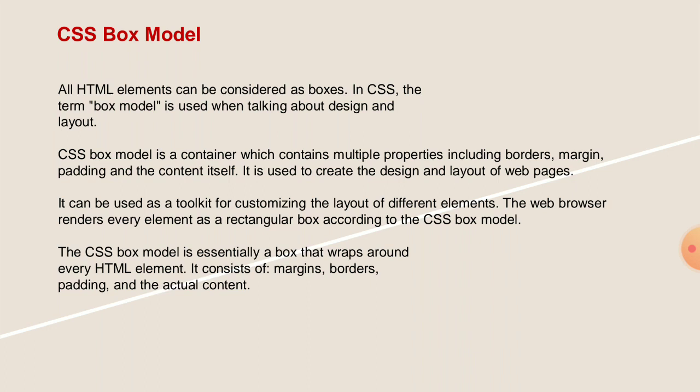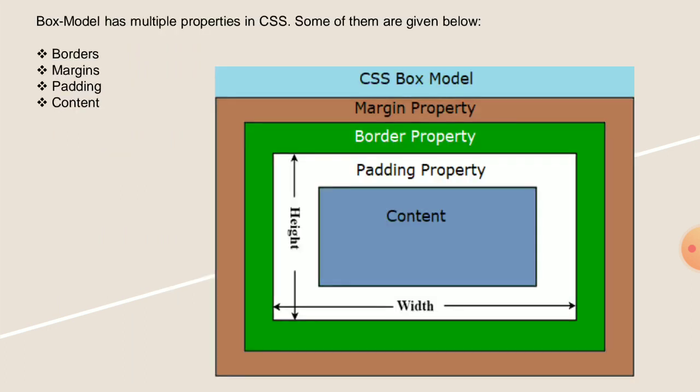So it is used to create the design and layout of web pages. It can be used for customizing the layout of different elements. The web browser treats every element as a rectangular box according to the CSS box model, which is essentially a box that wraps around different HTML elements.